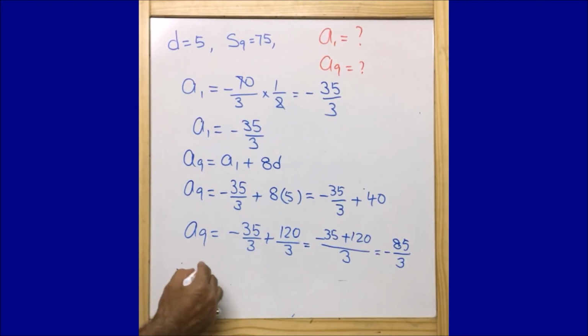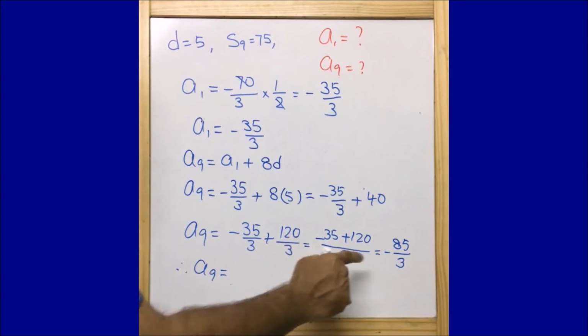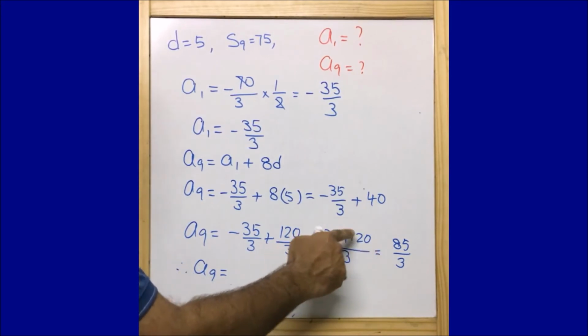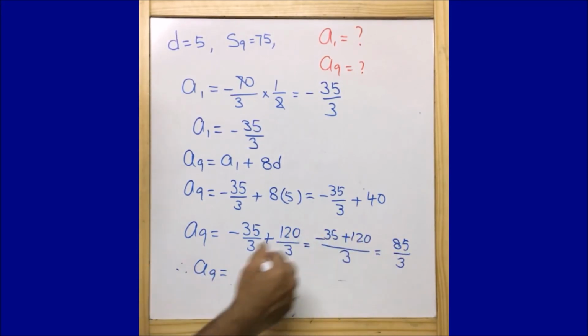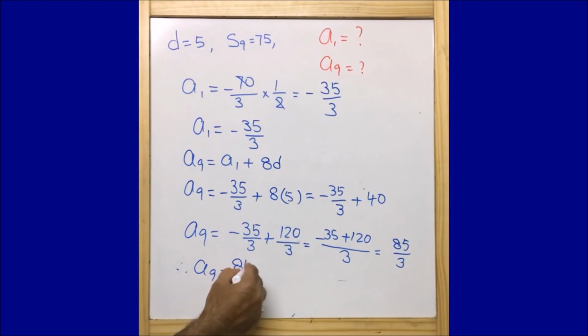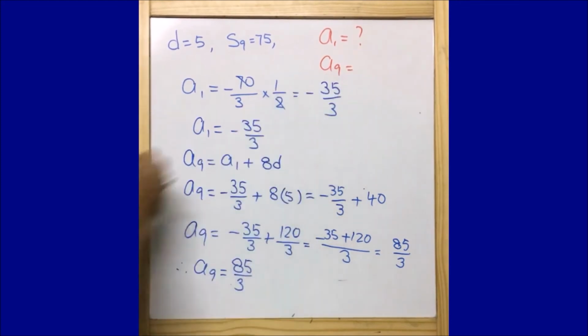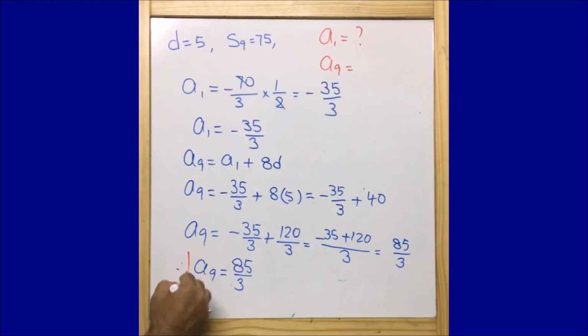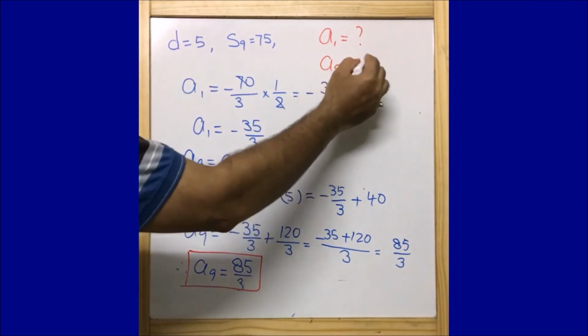Therefore a9 is equal to 85 by 3. That's all guys. You could see that we are able to find out the value for a9, and the value for a9 is 85 by 3.